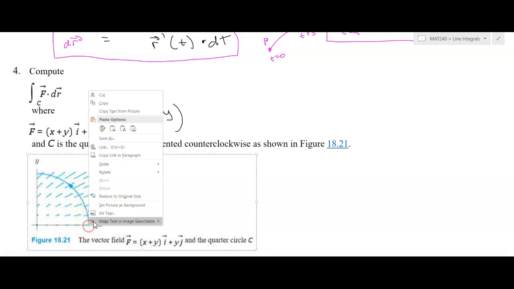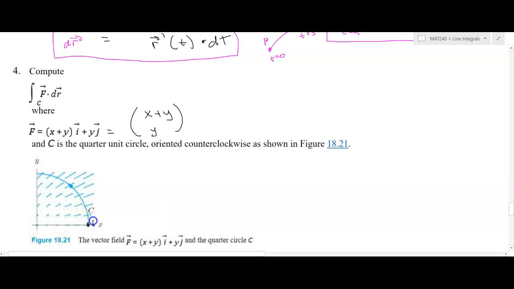So if I assume that this is t equals 0, and this over here is t equals pi halves, then I know that my x is going to equal cosine of t, and y is going to equal sine of t. That's just one parameterization of this quarter circle. You could have picked something like cosine 2t and sine 2t, but then it would have taken half the time to get to the point (0, 1).